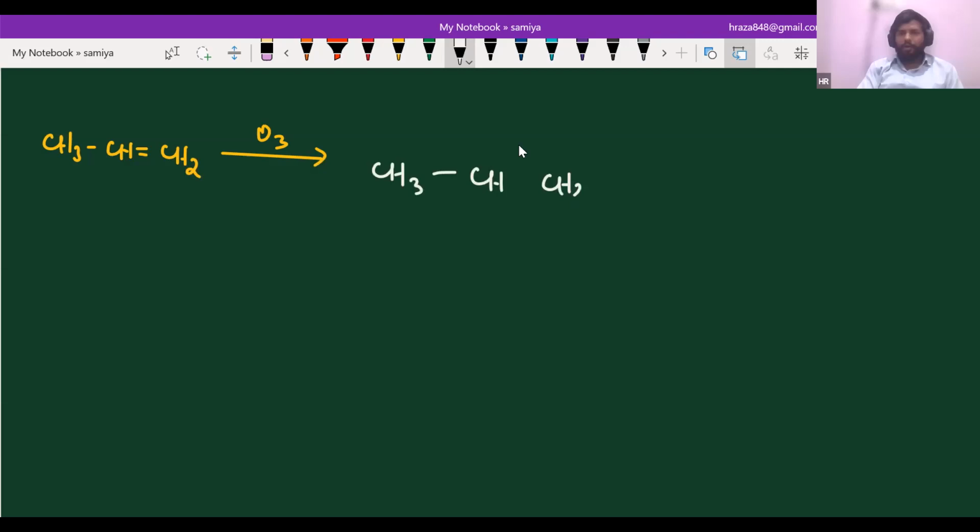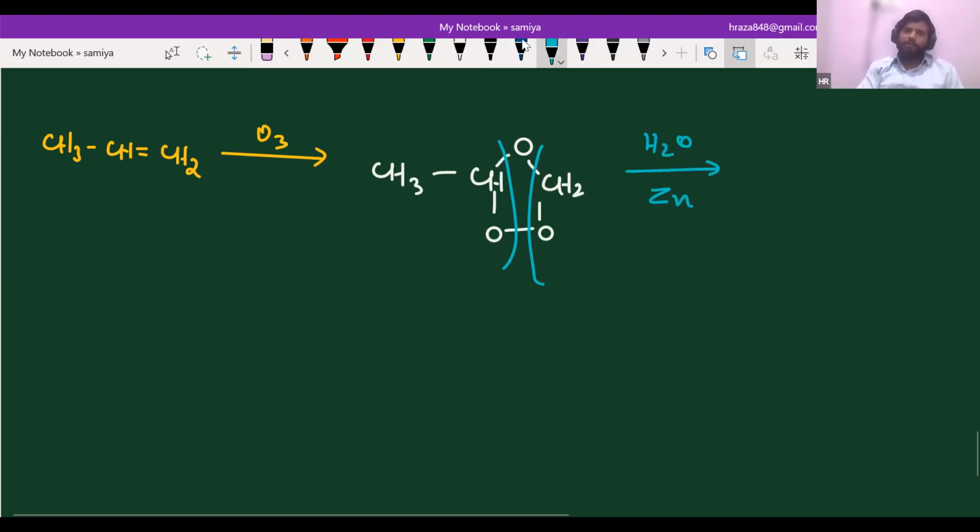You can do this in your own way. Make a ring and then break it like this. Then you do hydrolysis in the presence of Zn so that you can get the product. On the left hand side, CH3CHO, then on the right hand side CH2O, that means HCHO. Is that clear?